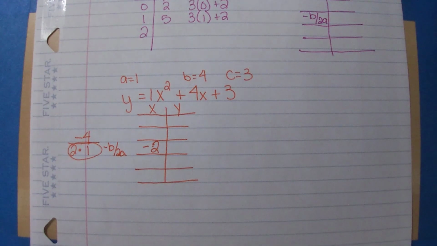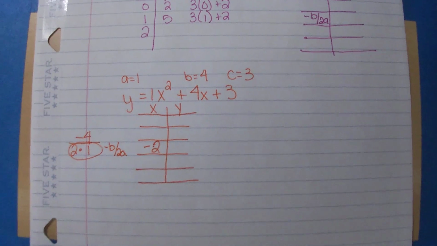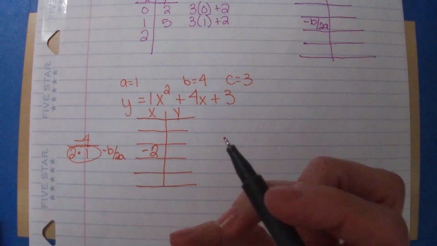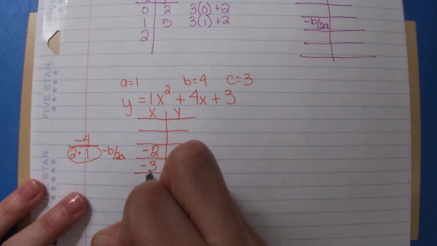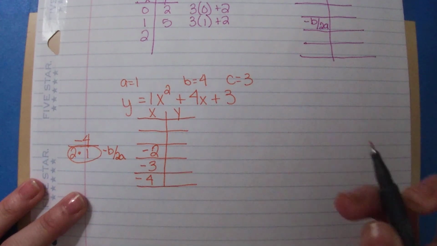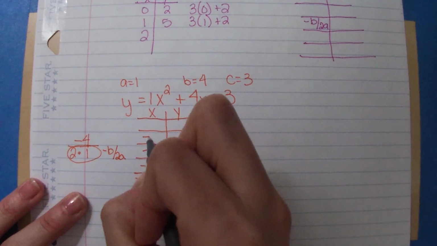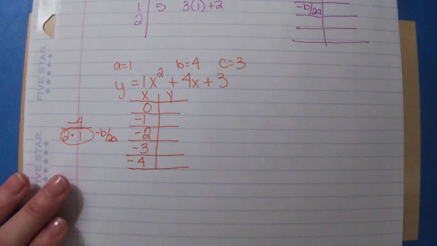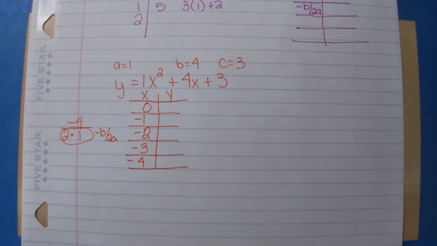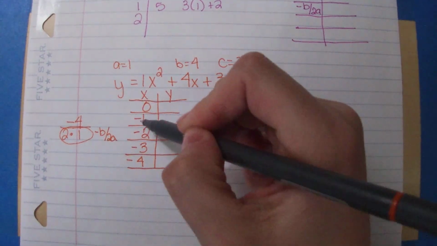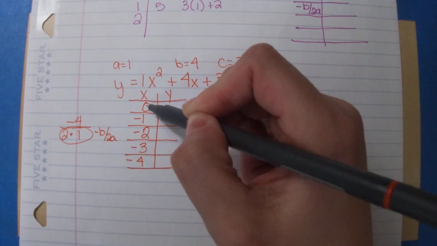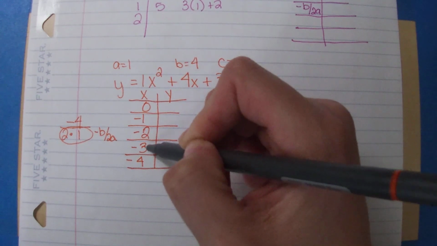Now, once we get that negative 2, we're just going to fill this in like we're sequentially counting. We're just going to go in order of a number line. So negative 4, negative 3, negative 2, negative 1, 0. Now, you might say, Mrs. McKinney, I would have done that the other way and put negative 3 and negative 4, and then done negative 2, negative 1, 0.